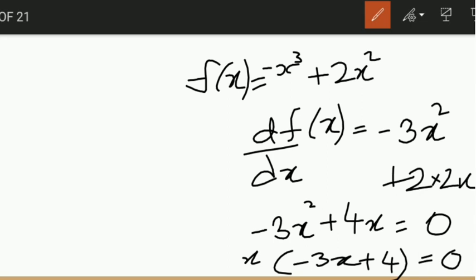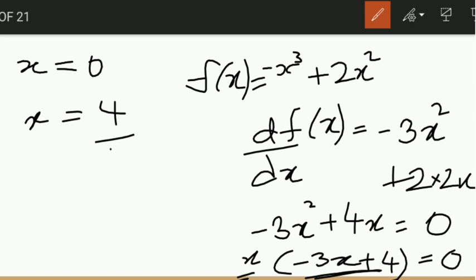Now we know that either x is equal to 0 or the content inside the bracket should be equal to 0. So either x is equal to 0 or x is equal to 4 by 3, right? Yeah, x is equal to 4 by 3.